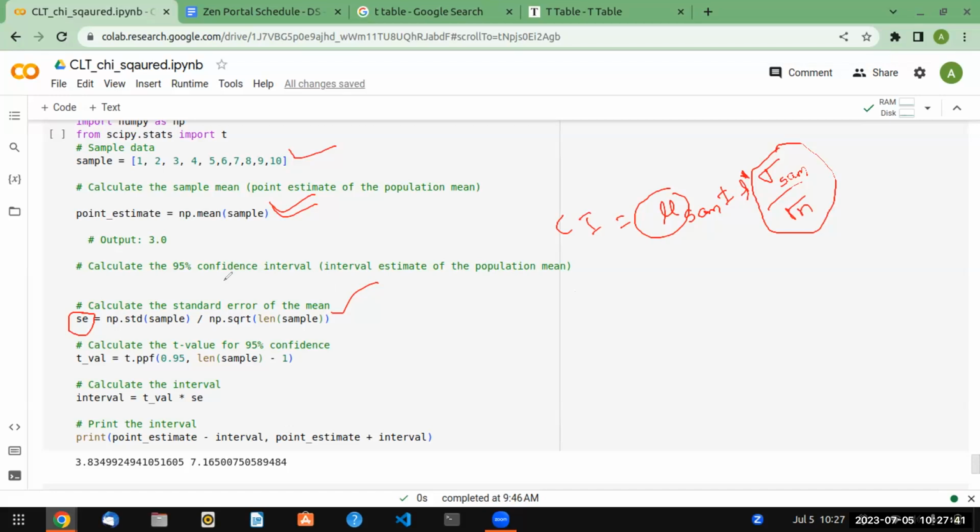Now, we did all the drama to go to the T table, then alpha, then degree of freedom, then we calculated the T statistic. Here you have this library, again scipy.stats. You have to import the t function. That means that T table, guys. So in order to go to the T table or any paper, here you can directly access the T table by writing import t.